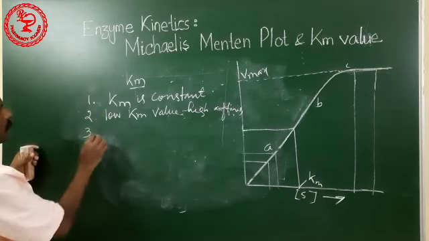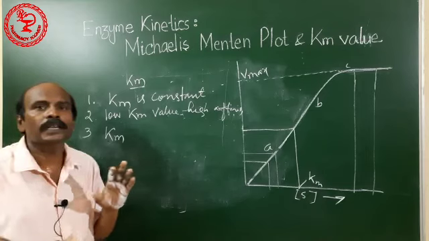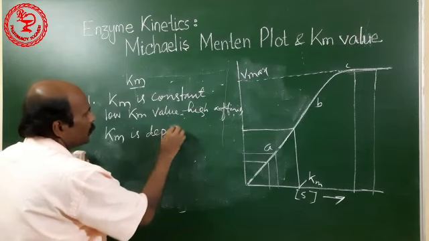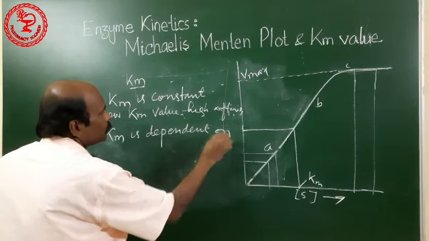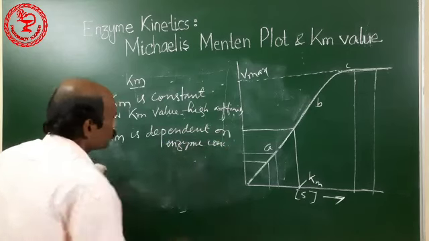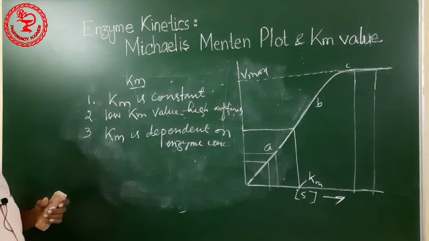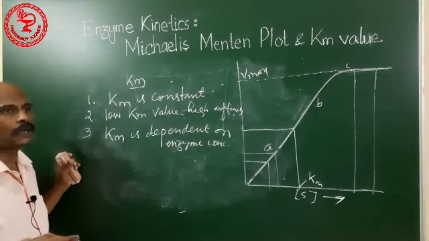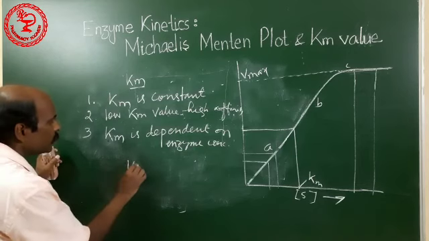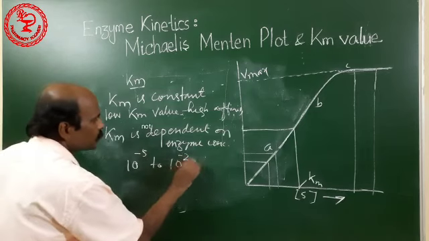Number 3, Km is not dependent on enzyme concentration. So what is the value of the Km? For all enzyme actions, the value is between 10 to the power minus 5 to 10 to the power minus 2 mole.